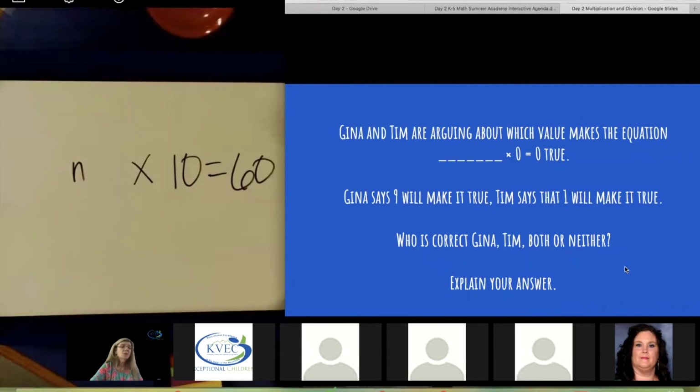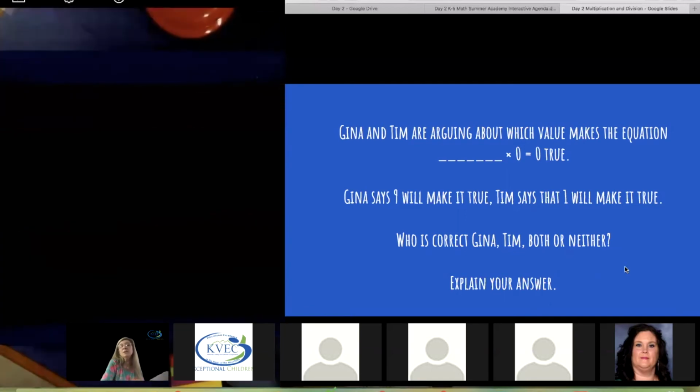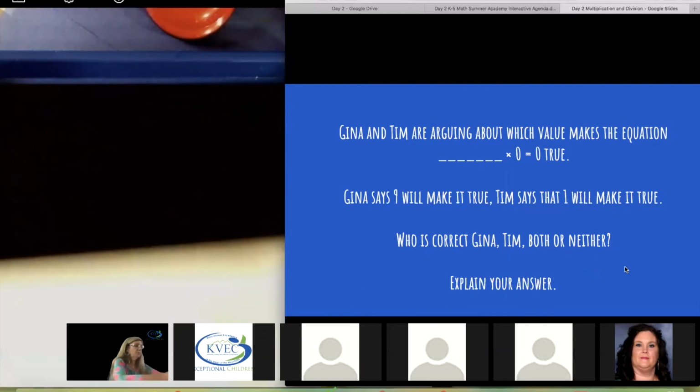So let's look at this scenario. Gina and Tim are arguing about which value makes the equation blank times 0 equals 0 true. They're arguing about what could be that first factor. Gina says that 9 will make it true, and Tim says that 1 will make it true.